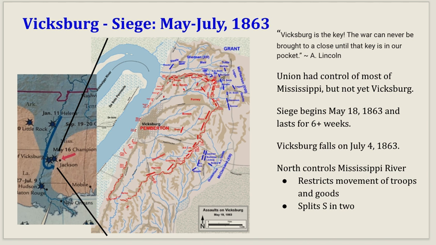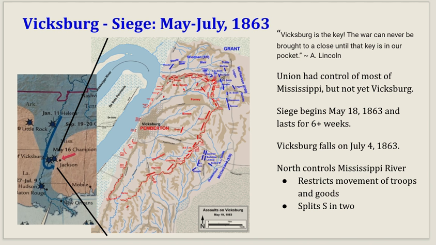On July 4th, just one day after the North's victory at Gettysburg, Vicksburg falls to Union troops. The North gains control of the Mississippi River, so they have now split the South in 2 pieces, restricting the movement of troops and goods and communication information in the South.